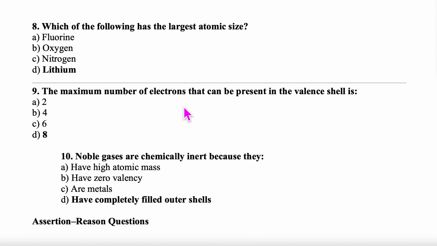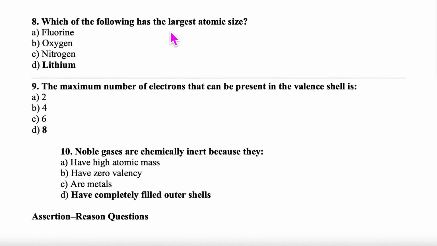Largest atomic size. Now here some of you will have confusion. Anybody confused here? Even if the answer is given. Now remember, as we go from here to here, what did we say? That the nuclear charge increases.